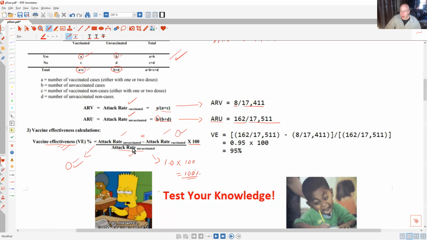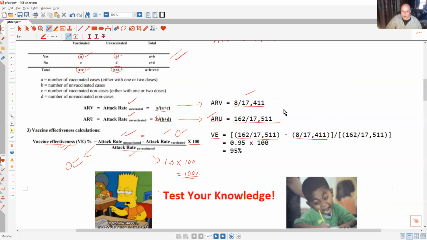And now we can use the Pfizer data, input those numbers, and see what we get. So here it is, vaccine efficacy, 162 over 17,511. That is the attack rate for the unvaccinated, right over here, minus the attack rate for the vaccinated, 8 over 17,411.